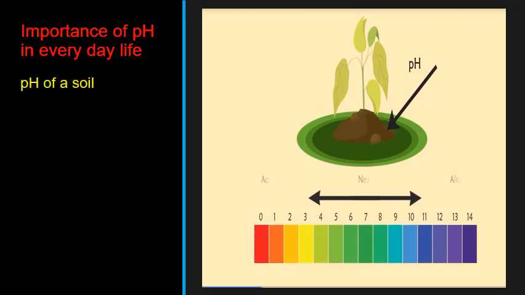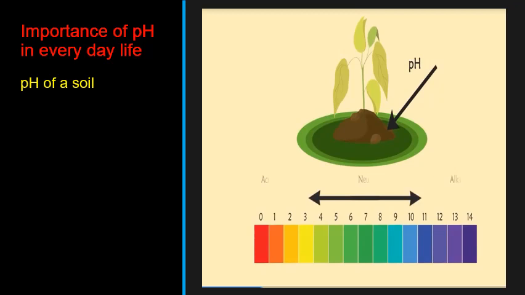So the next topic is the pH in your daily life, that is, the pH of the soil. The farmers know the purpose of the soil. The soil is the main thing used to grow plants, isn't it?